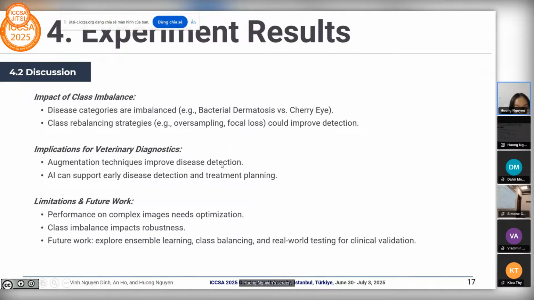And from a veterinary perspective, this research showed that AI-based augmentation can really improve disease detection, especially in early stages. And as for future work, we want to push performance on complex images and tackle that imbalance directly, and more importantly, test this model in real-world settings with actual clinical data. And it would help bring AI from the lab to real veterinary practice.